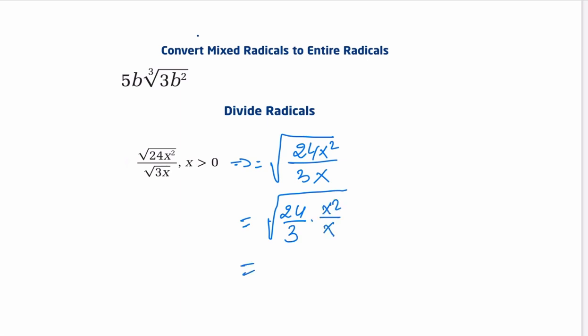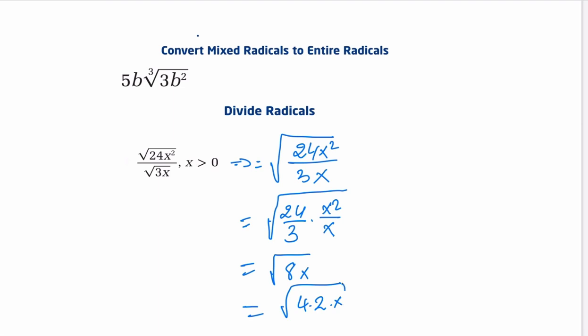And here we can easily see that 24 divided by 3 is 8, and x squared divided by x is just x. And you can put again your square root. Now you know that 8 is 4 times 2. So I will write it as 4 times 2 times x.